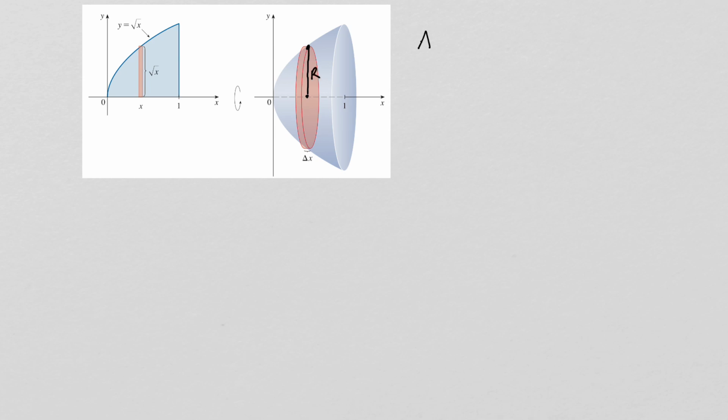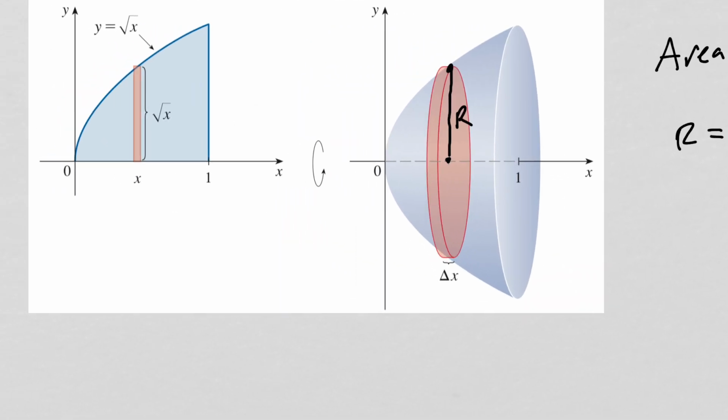And we know the area of the disk is simply equal to pi times r squared. So all we really need to do here is figure out what r is. And in this case, it's very simple because r is the distance from the x-axis up to this point.